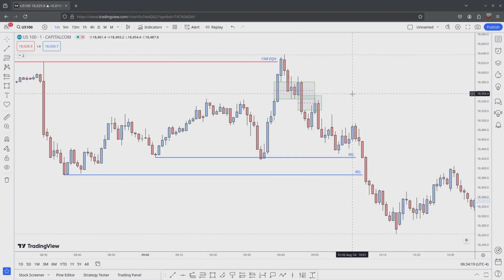All right, let's now take a look at how you would utilize this same setup with an order block. So we already have everything in play.